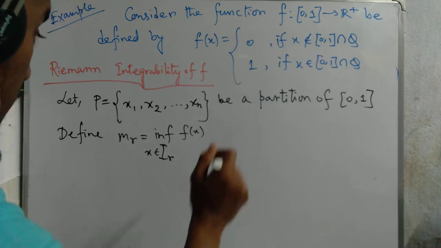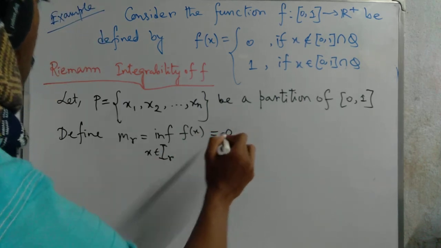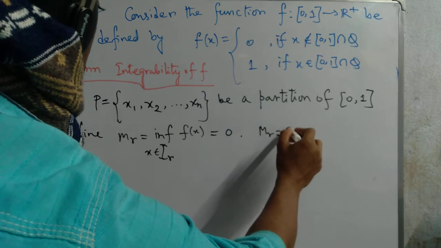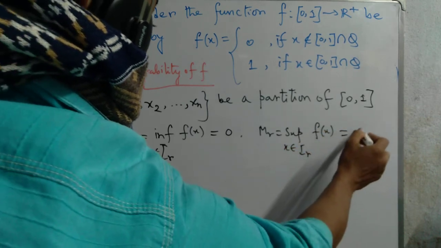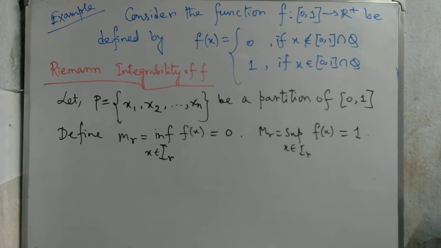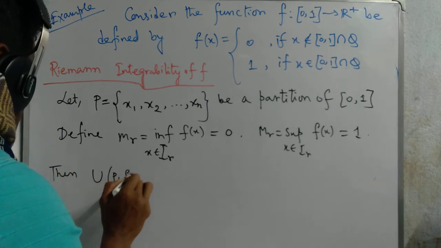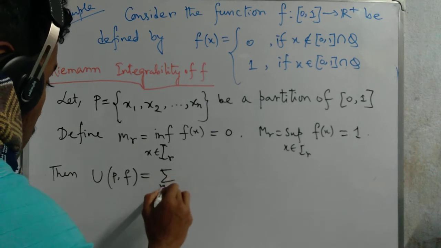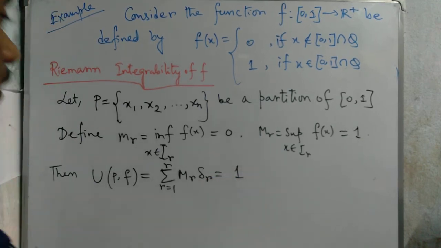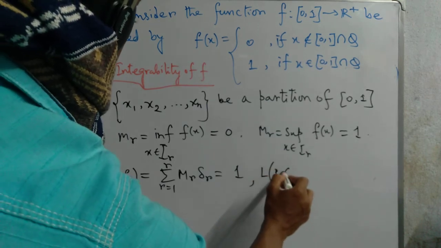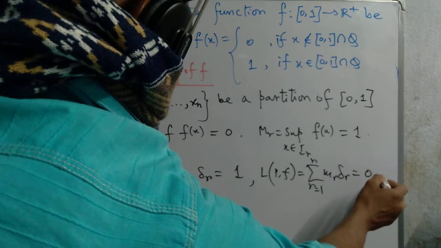Then this one equals 0, and capital Mr equals the supremum of f(x) where x belongs to Ir, which equals 1. Now U(P,f) equals summation r equal to 1 to n of Mr delta r, which is obviously 1, and L(P,f) equals summation r equal to 1 to n of mr delta r, which equals 0.